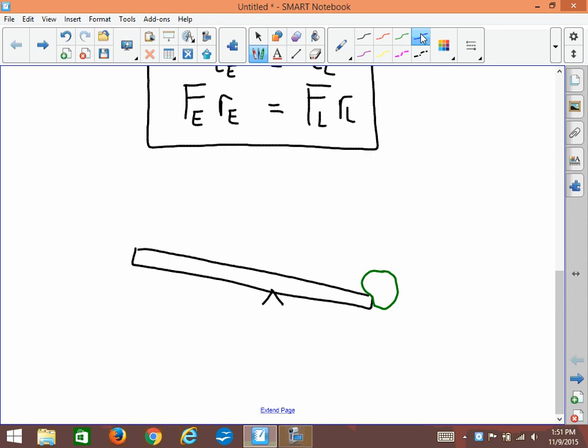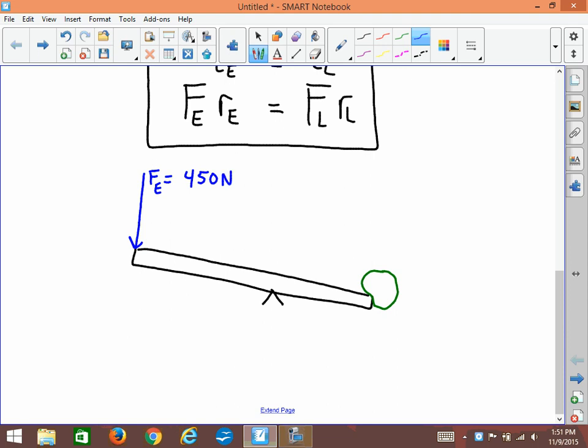So the effort force that you're going to push with, the effort force is this way, pushing on the lever, F effort, is equal to, let's go 450 newtons of force.